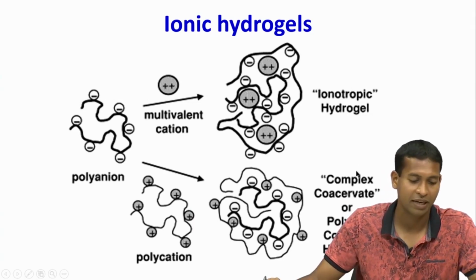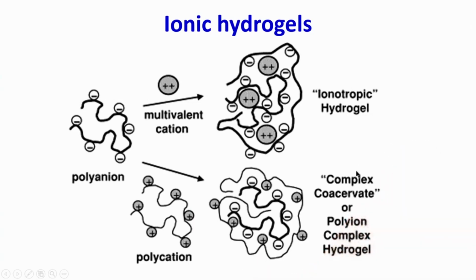So, a little bit more on the ionic gel. Here we are talking about, let us say, a polyanion containing lots and lots of negative charges. If you put a multivalent cation, you do not even have to put another chain containing that. Let us say you put a multivalent cation, could be calcium, could be magnesium.